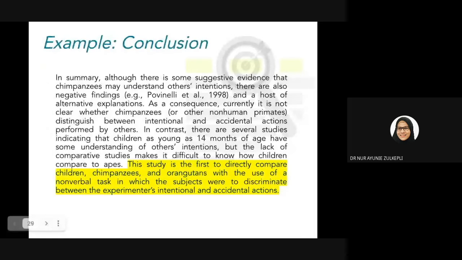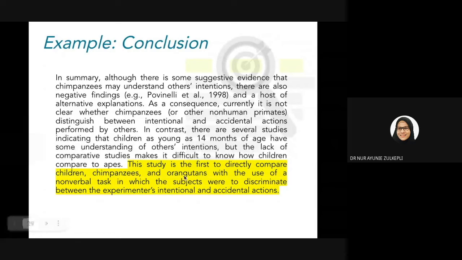Okay, this is an example. In summary, you make a specific or brief summary of the introduction and part of your main body literature, and then in the last one or two sentences you can explain your point of view.